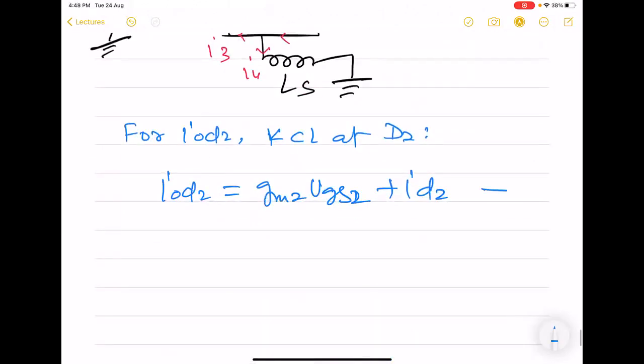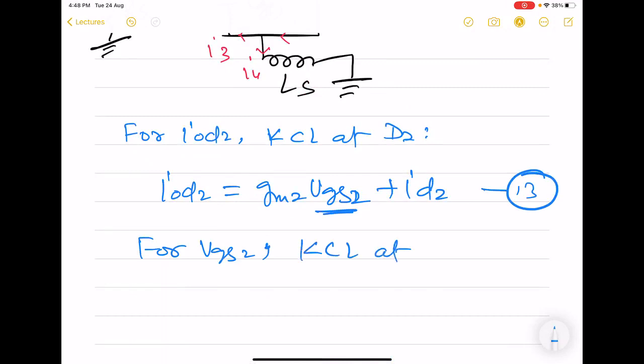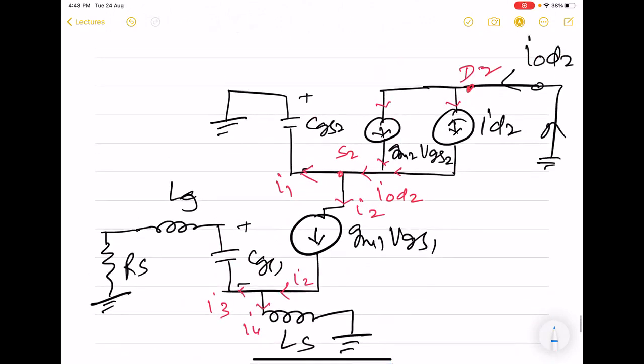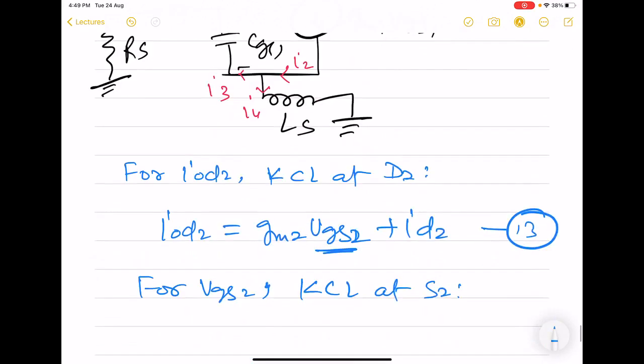So let us call this equation 13. Now for finding out this VGS2, we set up KCL at source 2. So at source 2, we see that IOD again splits into two currents, I1 and I2.